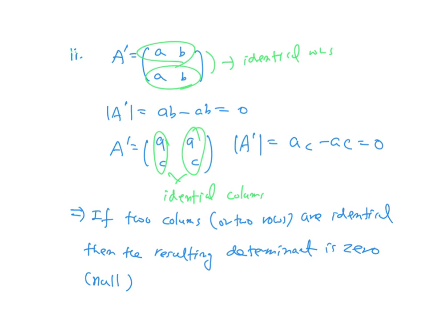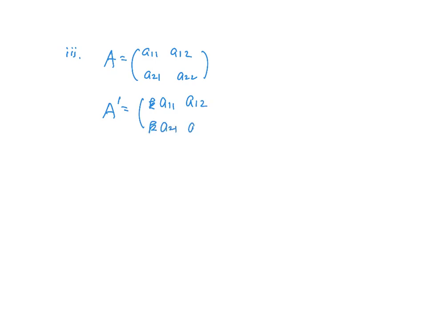Another property, 3. You can multiply one particular row by some constant. So one column has been multiplied by some constant k.